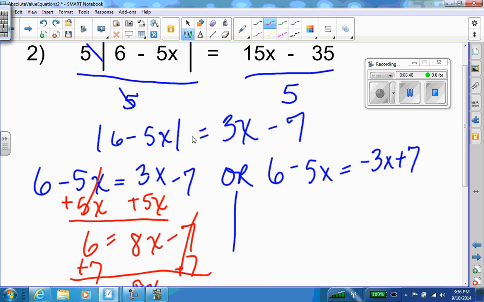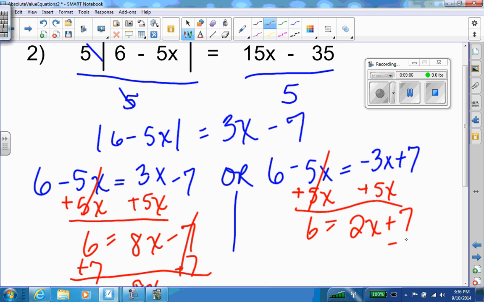Let's look at our other equation that we wrote. I'm going to get rid of the negative 5x by adding 5x again to both sides. That's going to give me 6 equal to 2x plus 7.